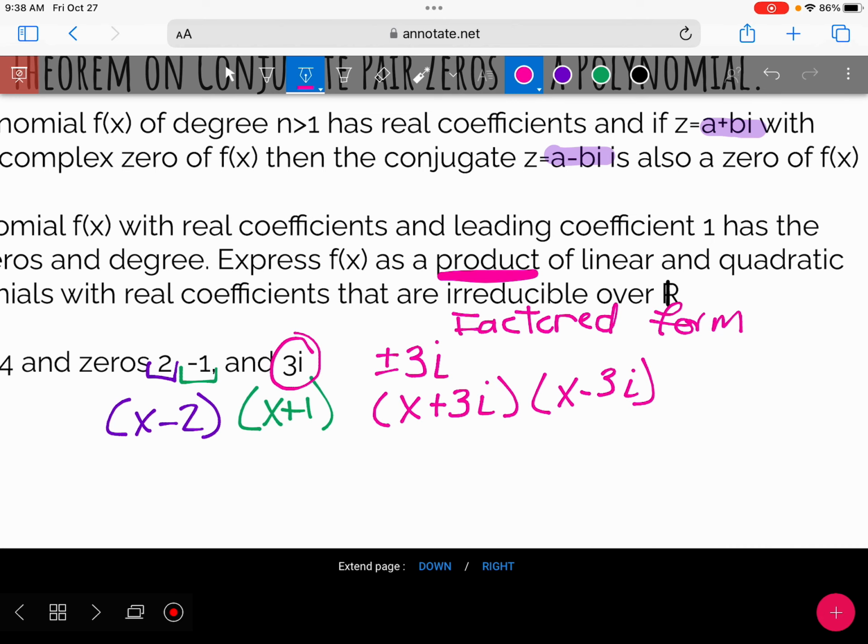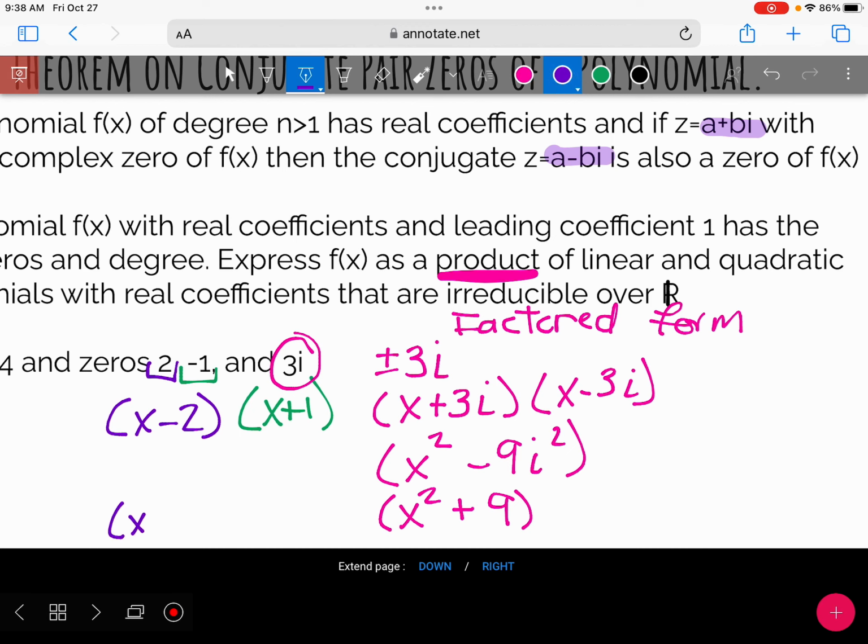So this is going to wind up being x squared minus 9i squared. So it still has i's in it, but we can simplify this. What does i squared equal? -1. So this is really x squared plus 9.